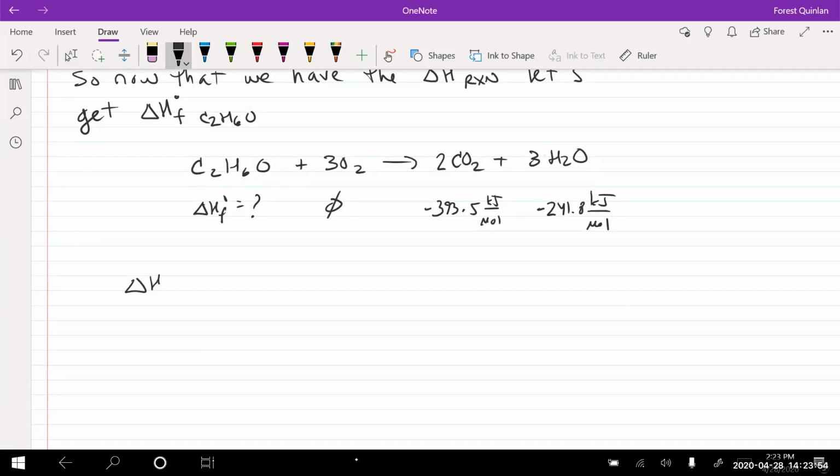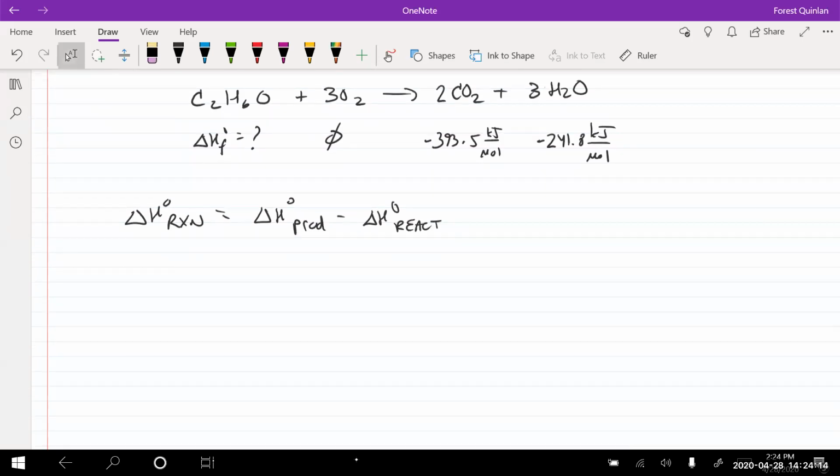We know that delta H naught of the reaction is equal to delta H naught of the products minus the delta H naught of the reactants. This is just math now, we're just solving.